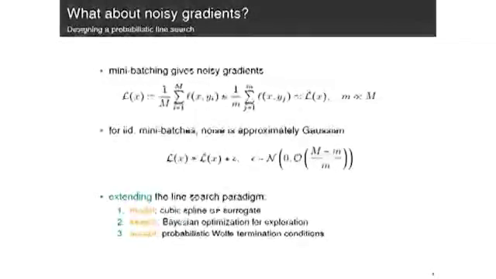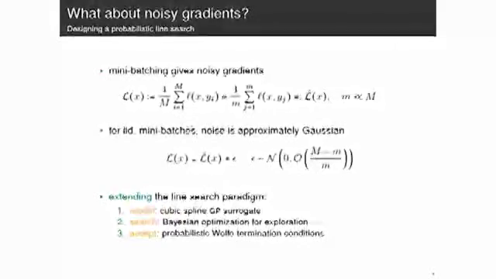Now with this knowledge, we can try to extend the line search paradigm to the noisy or probabilistic setting. Due to the Gaussianity, we're going to assume a Gaussian process as surrogate for our one-dimensional objective.